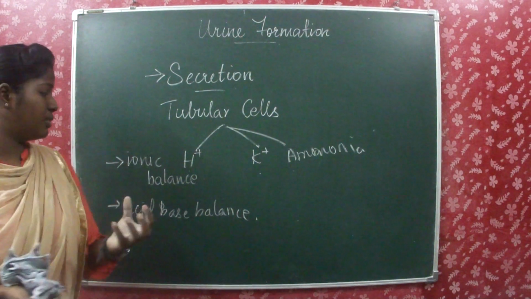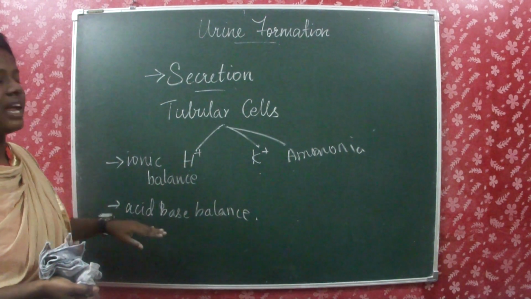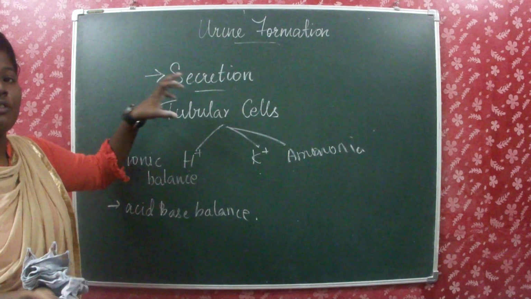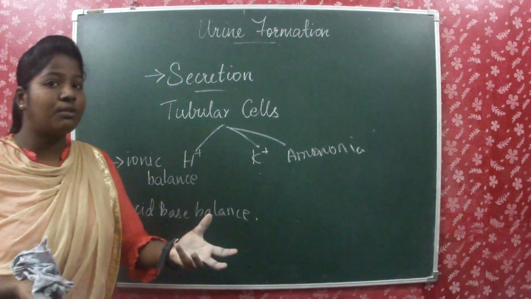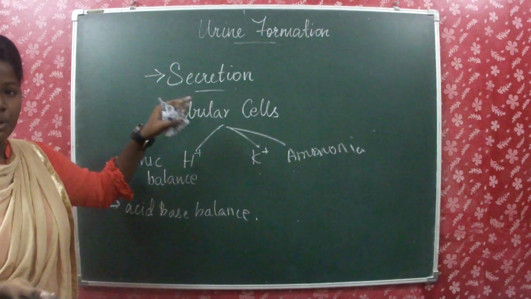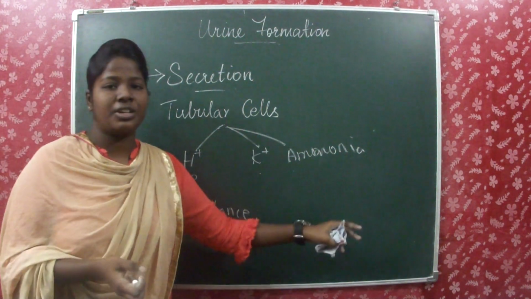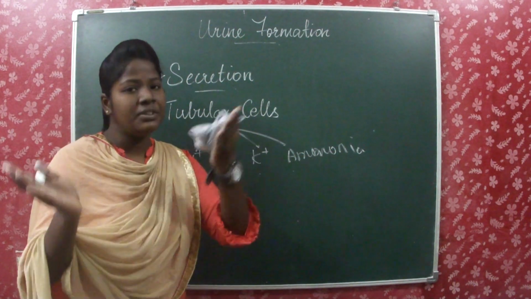We know what body fluid is. So these two balances are maintained by the secretion of the tubular cells that takes place at the end of urine formation, that is, the tubular cells secrete hydrogen, potassium and ammonia, which is the most important step even if it is last.